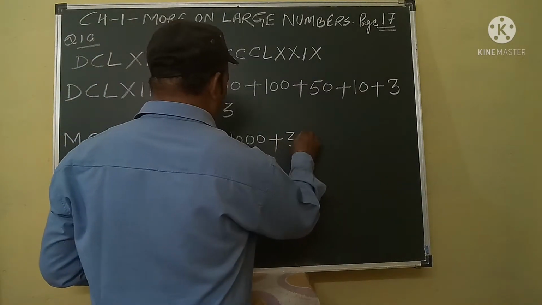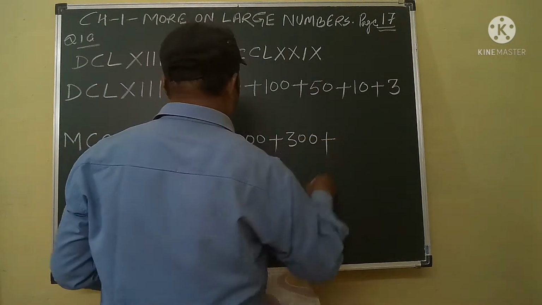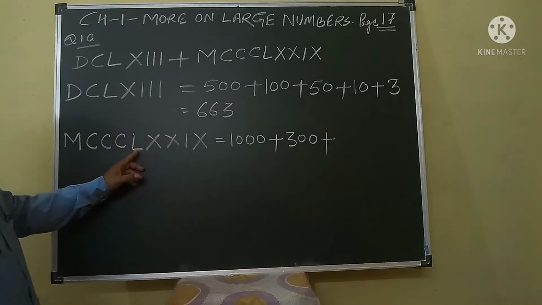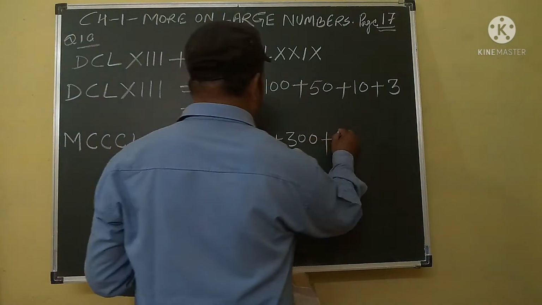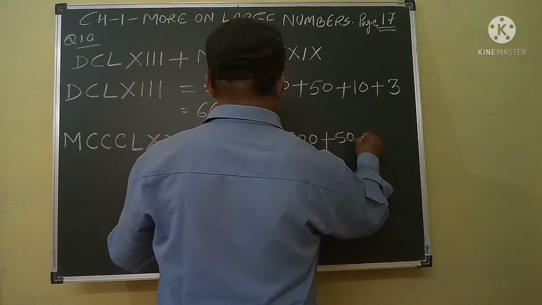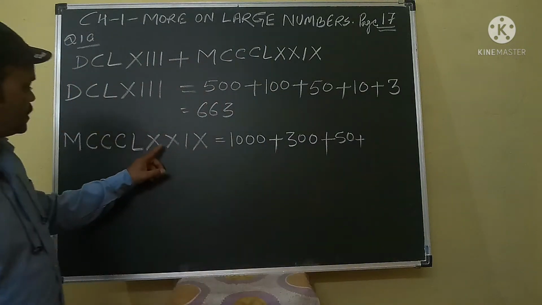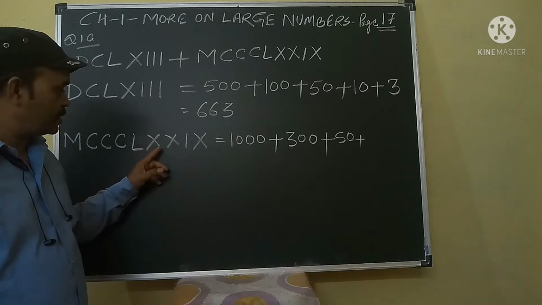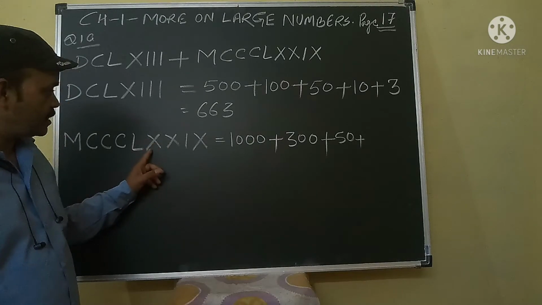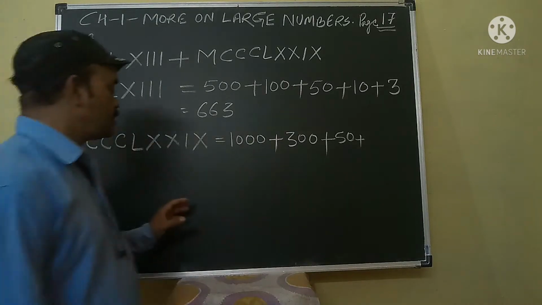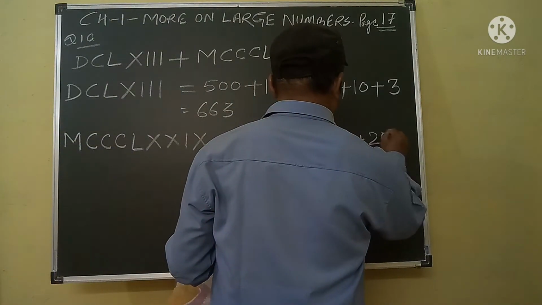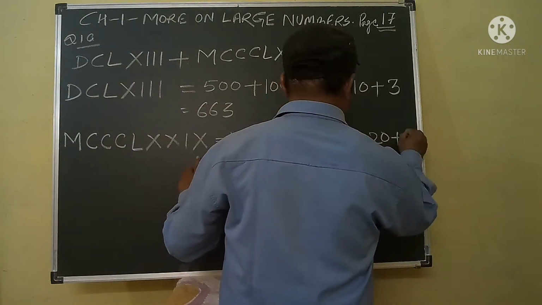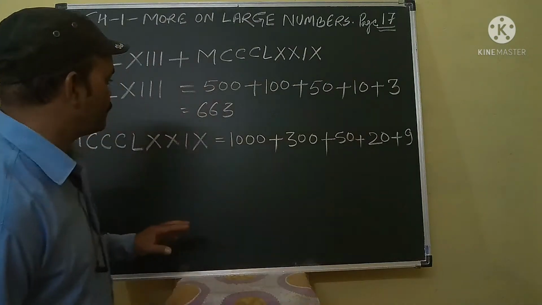Then L stands for 50. X is the symbol of 10, so 10 plus 10 means 20. And IX means 9. Okay.